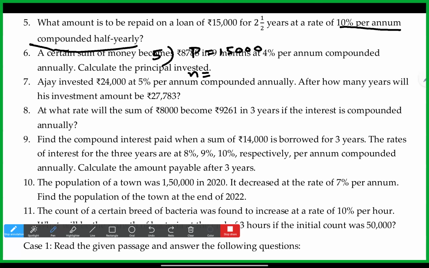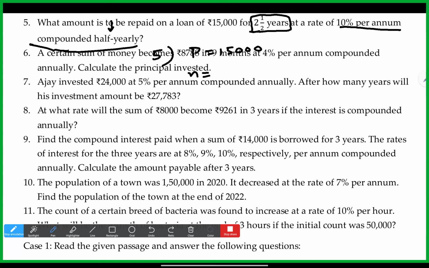Half yearly. Half yearly means, for how much time is this question? Overall total time is how much? 2.5 years. We should not take 5 by 2 here, since that is for the first time. So we have to take half yearly, half of 5/2. Means, in 2.5 years, how many half years will there be?